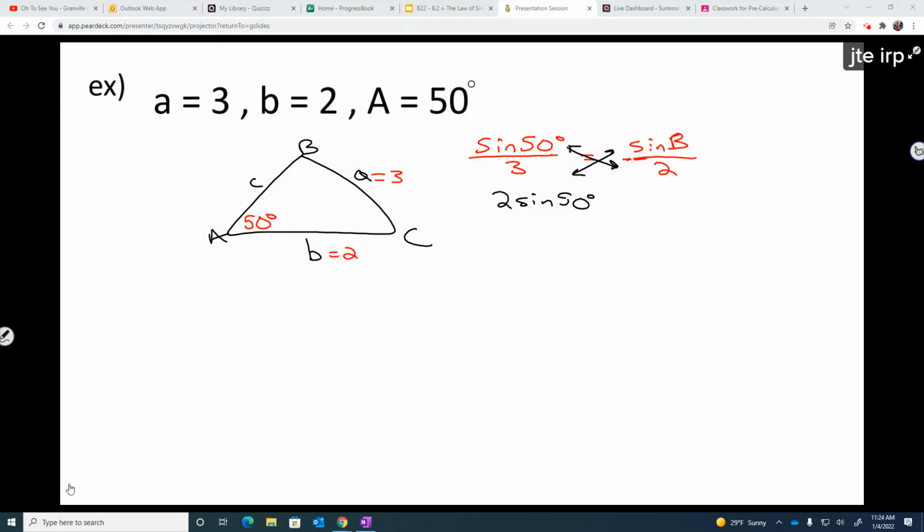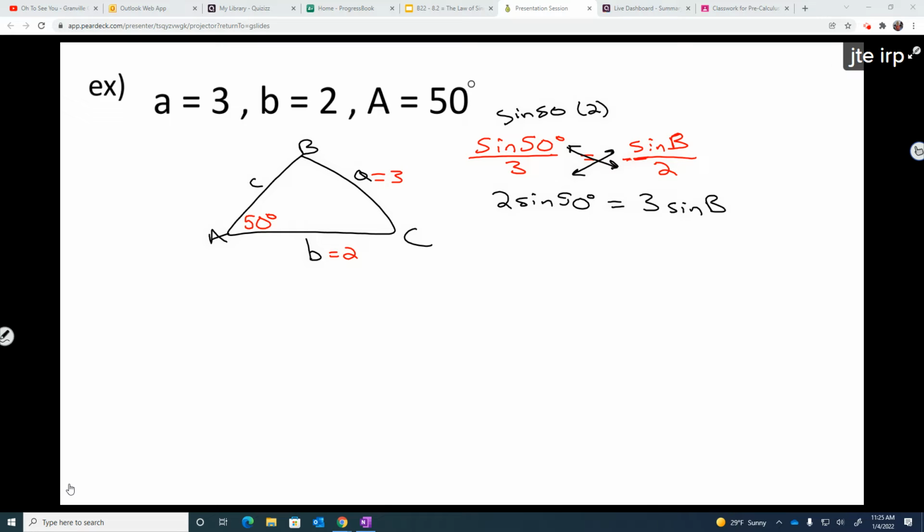You always just write whatever number you're multiplying in front of the sine. You could write sine 50 times 2, but it's a little bit more confusing. The best way to write it is 2 sine 50. The 2 does not multiply times the 50; it's not sine of 100. It doesn't work that way. It's 2 sine 50. And then over here, 3 times the sine of B is going to be 3 sine B.